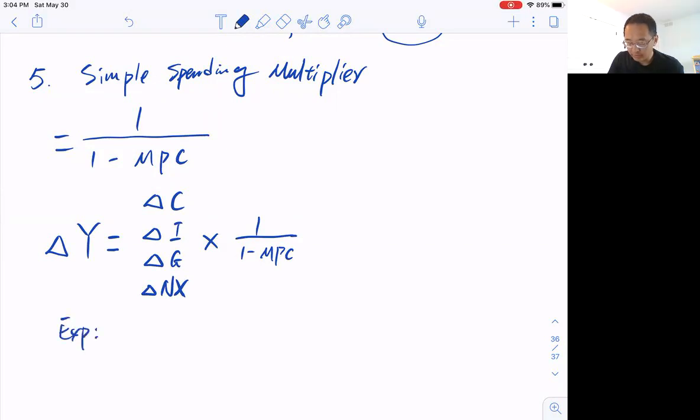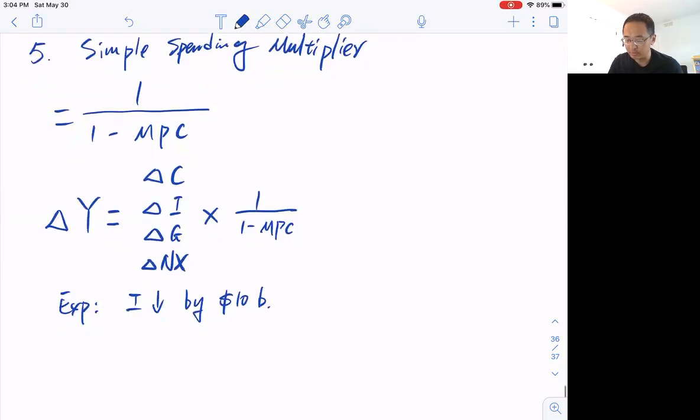So for example, let's say that because of the coronavirus, investment has decreased by $10 billion, right? Companies are worried about what's going to happen to our real GDP in the future. So their expectation has changed, so their investment decreased.